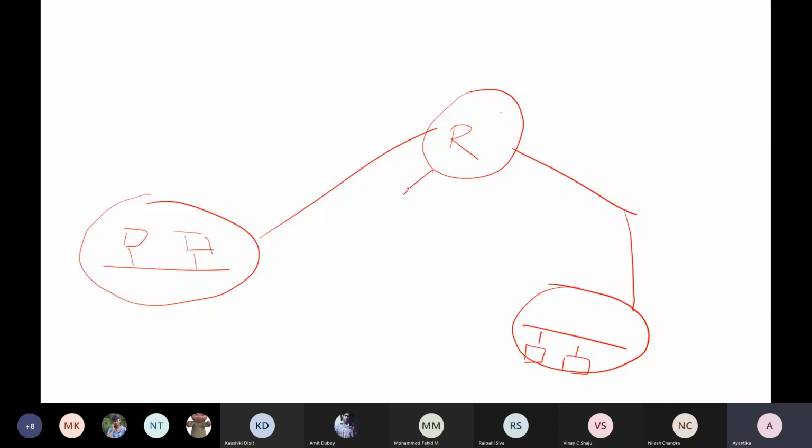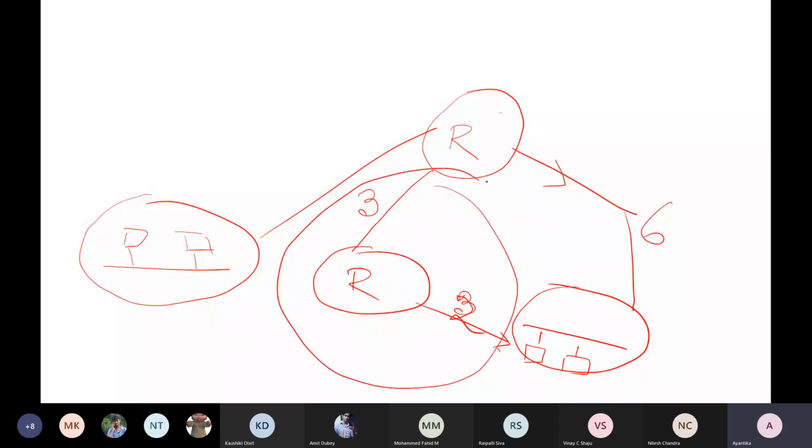This router will think, no, this path is more costly, maybe the cost associated with this path is 6, and if I transmit through another path, maybe here this link cost is 3 and this link cost is maybe 2. So the overall path cost in this direction is less.